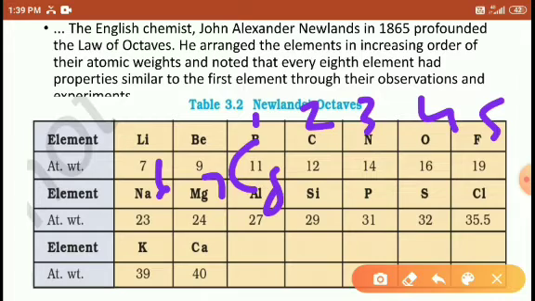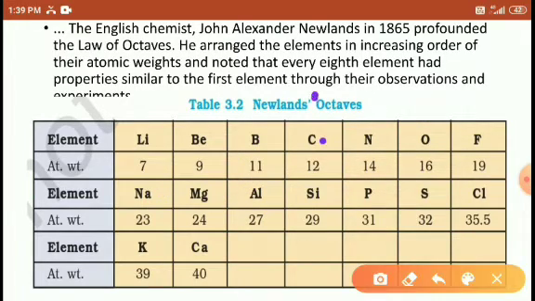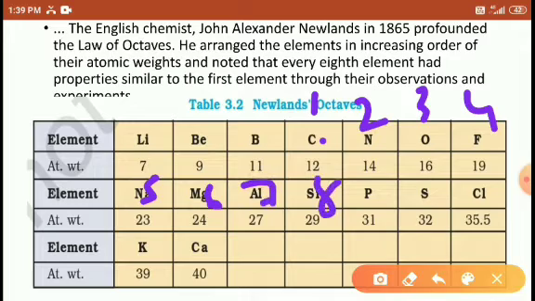They exhibit the same properties, right students? And carbon is considered the first element, then second, third, fourth, fifth, sixth, seventh, eighth. Carbon and silicon exhibit the same properties, right students?